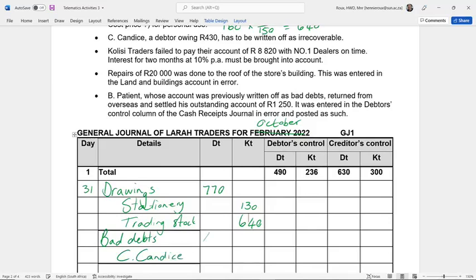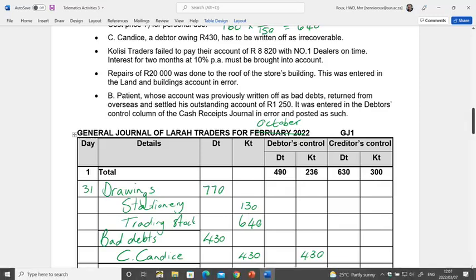The amount is given, 430. Candace is a debtor that was credited, therefore the debtors control account must also be credited. In the debtors ledger, we will credit Candace's account and the balance will be 0.